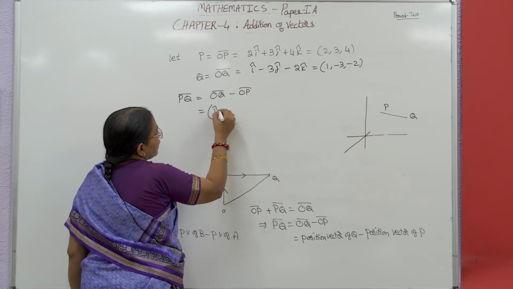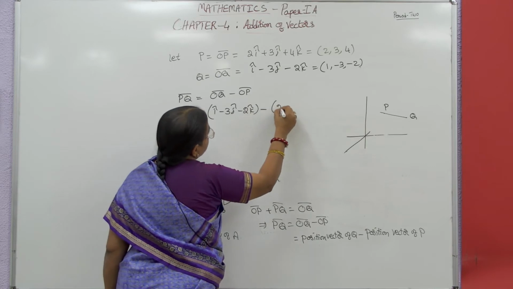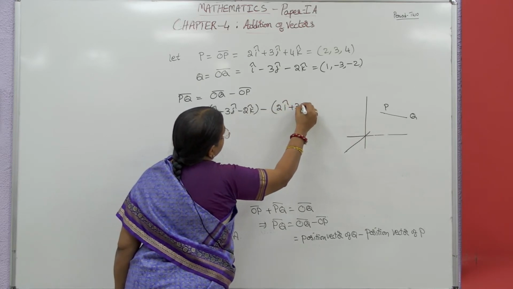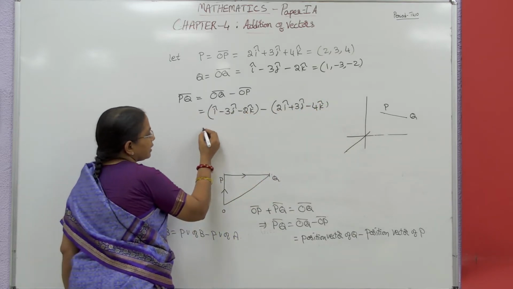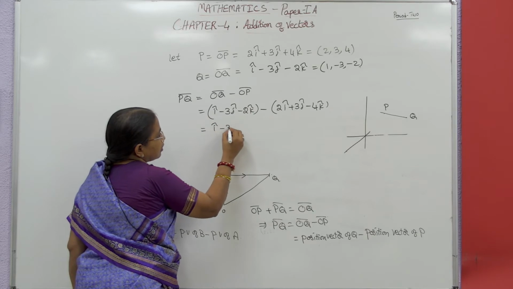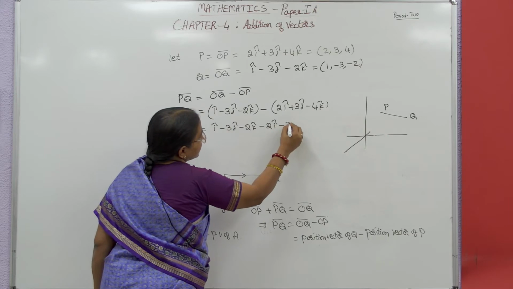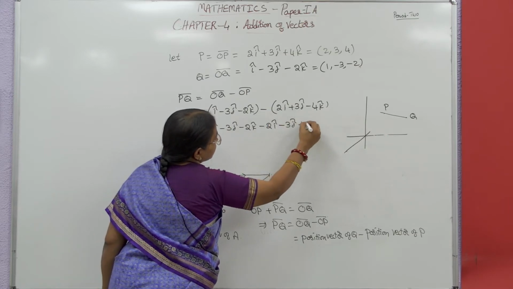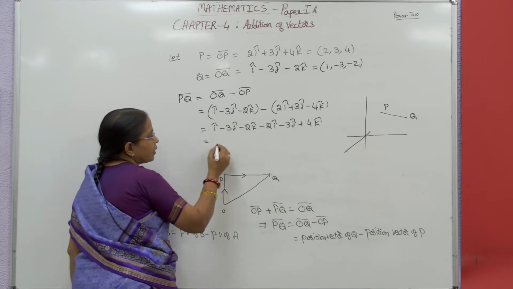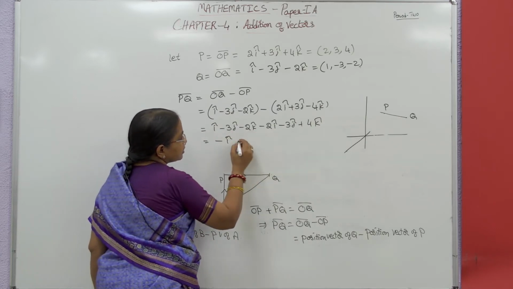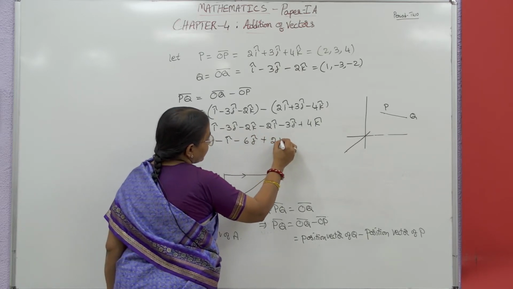OQ means i minus 3j minus 2k, minus OP, which is 2i plus 3j plus 4k. Now it is just like terms you add and subtract. So i minus 3j minus 2k minus 2i minus 3j minus 4k. Now the i terms simplify to minus i, the j terms to minus 6j, and the k terms to plus 2k.